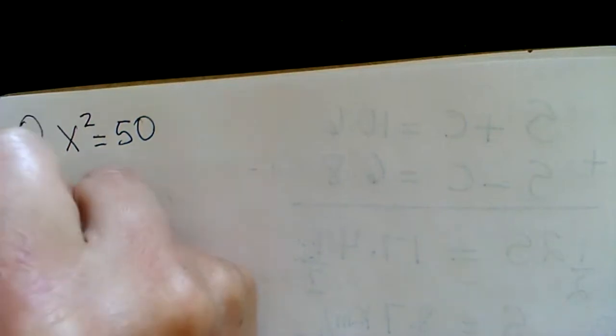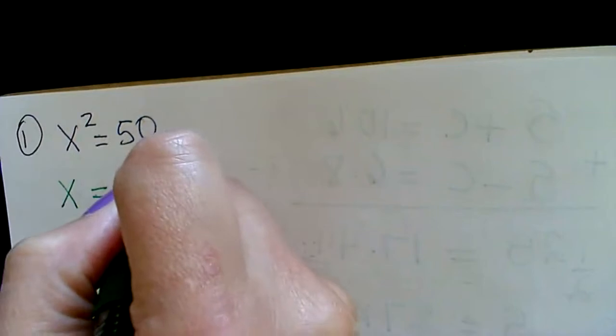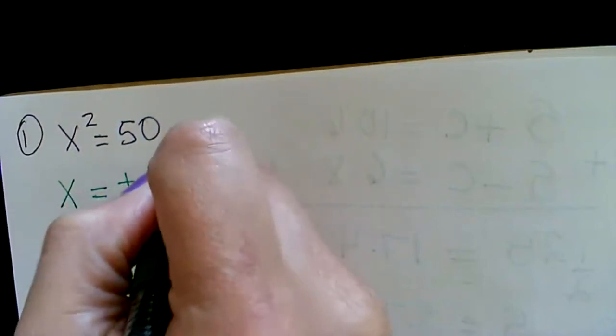Now let's do some exercises. It says x squared equals 50. Right, so this is going to be x equals plus and minus the square root of 50.